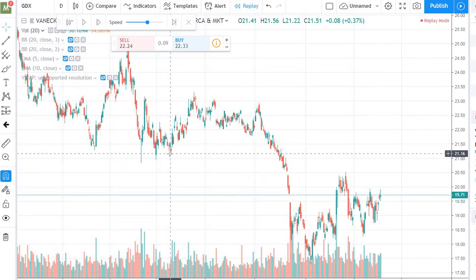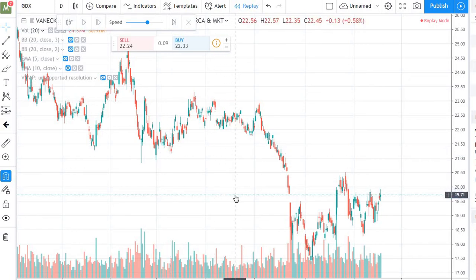A resistance is a place where people want to sell the stock, and when there's people trying to buy, that's the support level, and it's also where people don't want to sell the stock as much. All of this is going to come into an equilibrium eventually, and the stock finds its fair value. So you just need to react to what the chart tells you and then make your decisions based off that.